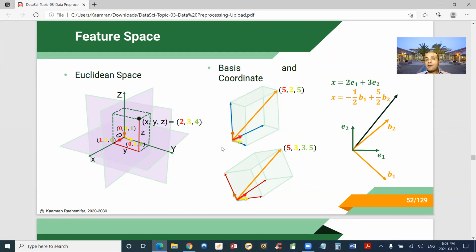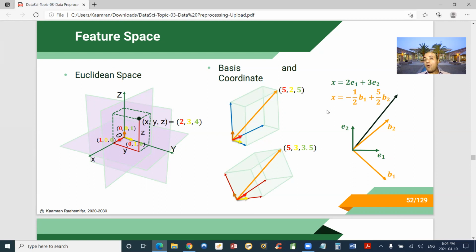So you could potentially decide that your X and Y and Z coordinates go into their own space, and you have different axes. And if you have different axes, your vector is going to be represented by these basis coordinates. So this is going to be your new X and Y, and this vector is going to be represented differently.